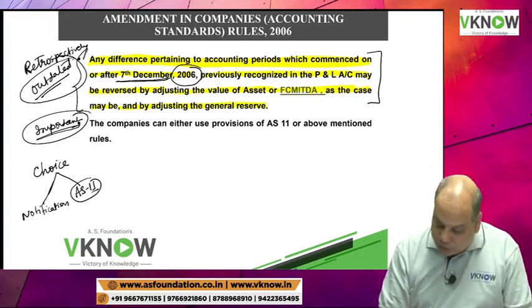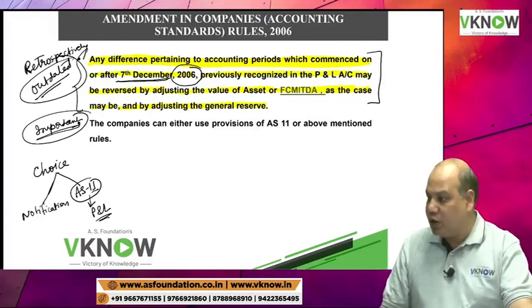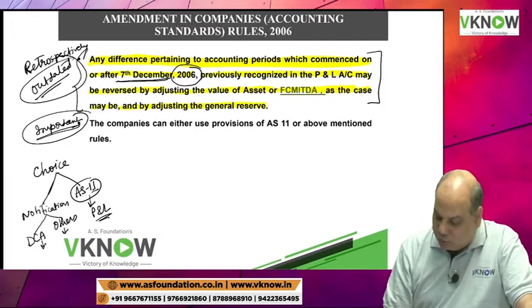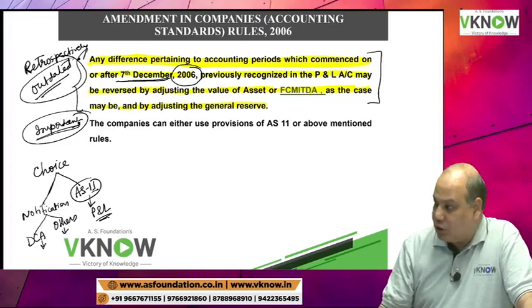If you follow AS-11, the exchange difference will go to the P&L account. If you follow the notification, then depending on whether it is a depreciable capital asset or others, you give the treatment accordingly.